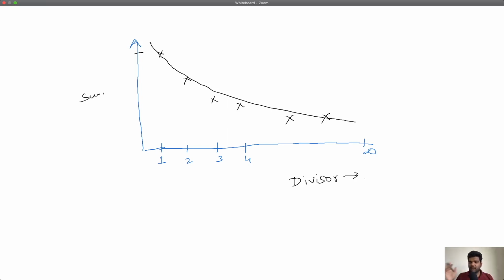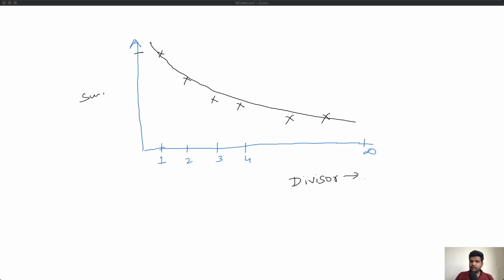As your divisor increases in value, the sum that you will get will be smaller, because you are dividing by a greater number, so you will naturally get smaller quotients, and the sum of all such quotients will also be smaller.